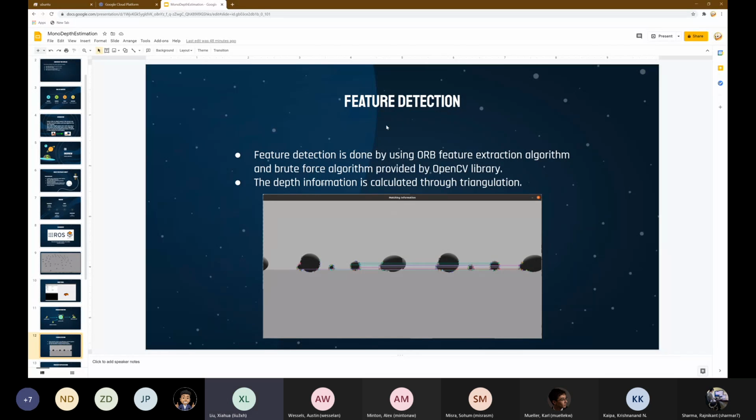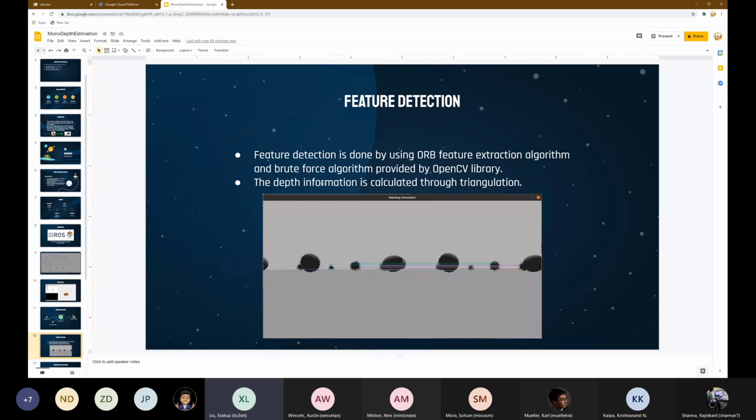In order to do the triangulation, we need to get points from two consecutive images. Feature detection is done using a feature extraction algorithm and the brute force matching algorithm provided by the OpenCV library. You can see the little circles in the image.